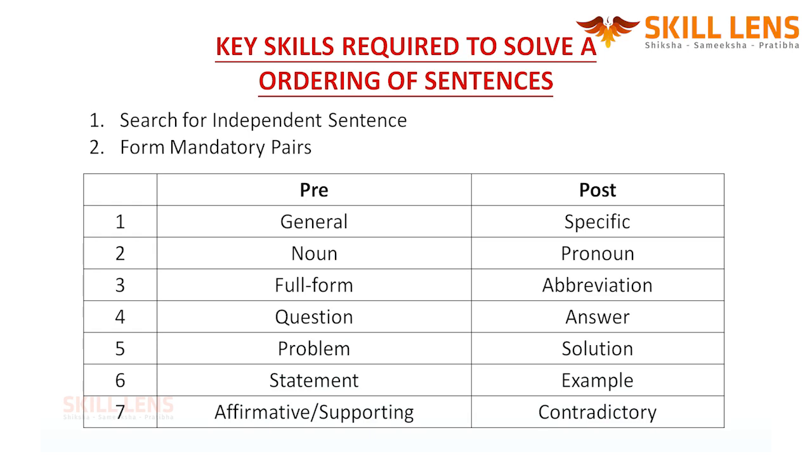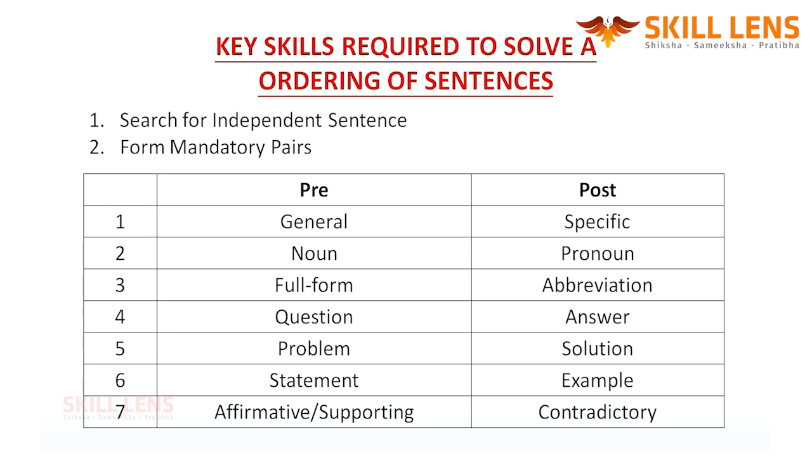The next mandatory pair that we form is full form followed by abbreviation. Full form is talking about a company, an organization, or anything at all using complete words. Abbreviation is the short form of the same. For example, if I talk about the Bodybuilding Association of India, not many people are aware that it is BBAI.